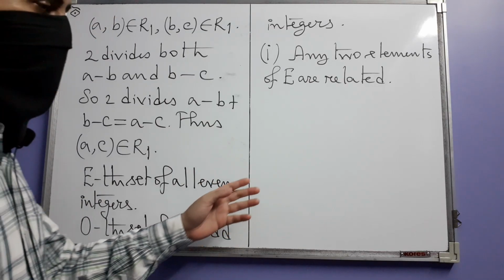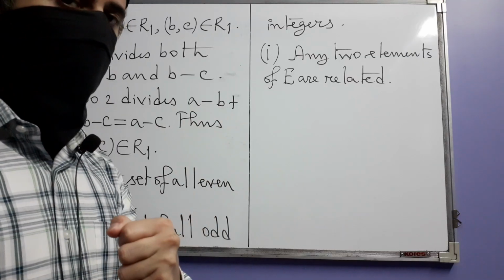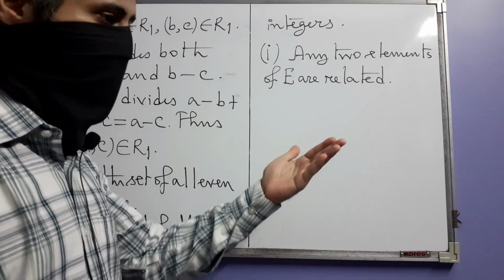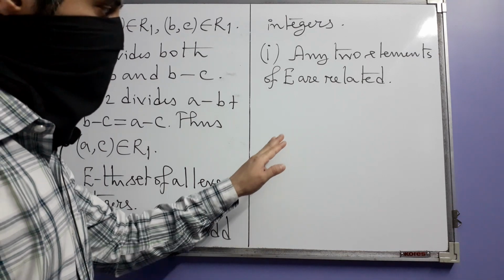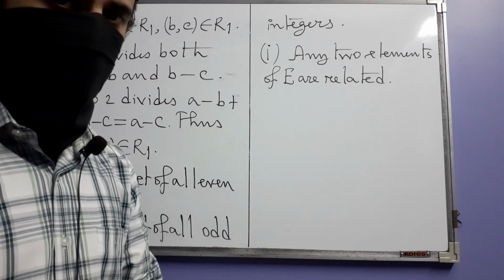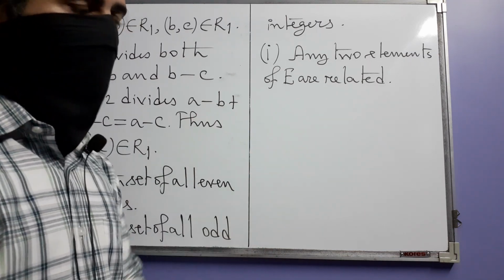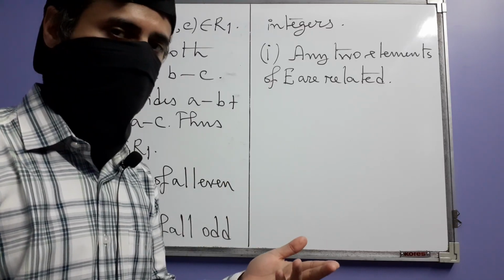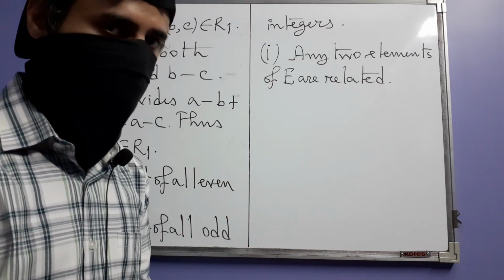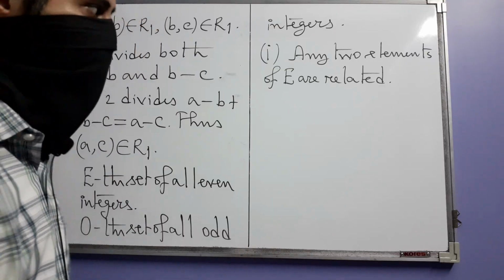For example, if you take 12 and 24, then their difference, 12 minus 24 is minus 12, that is divisible by 2. So 12 is related to 24. Like that, any 2 even integers are related because the difference of any 2 even integers is again even. It's a simple fact.